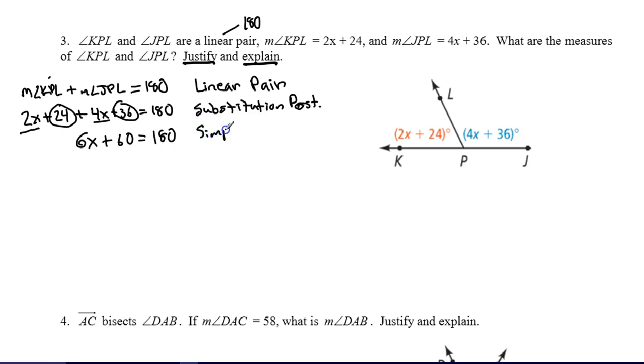All right, so that step, what did we just do? We simplify. Sometimes I'll write that as CLT, combine like terms. Well, we know that the next step would be to subtract 60 from both sides, and we would be left with 6x equals 120.